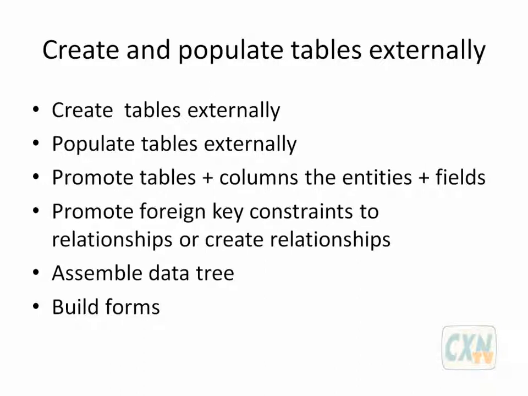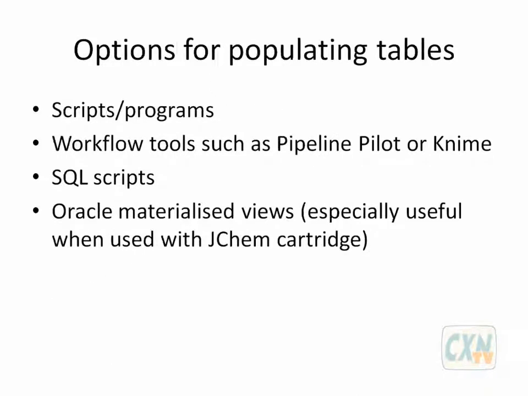So there's a general common pattern here, but the way you go about actually creating your data and creating the tables is pretty flexible. You can do it in any number of ways. You can let Instant JChem control the process, or you can control the process yourself with your own processes and your own tools. So what are the options here for populating these tables with data?